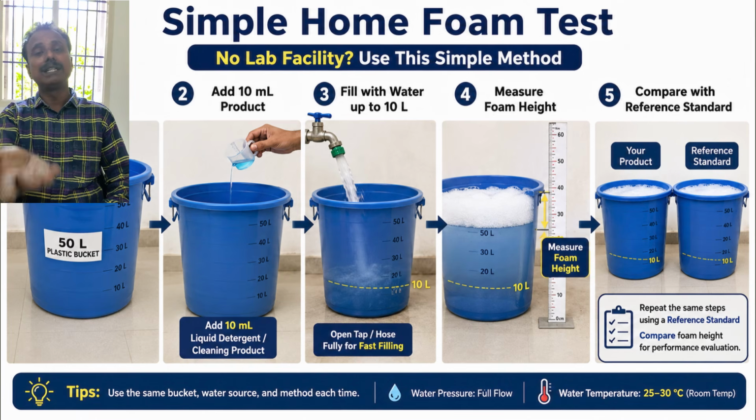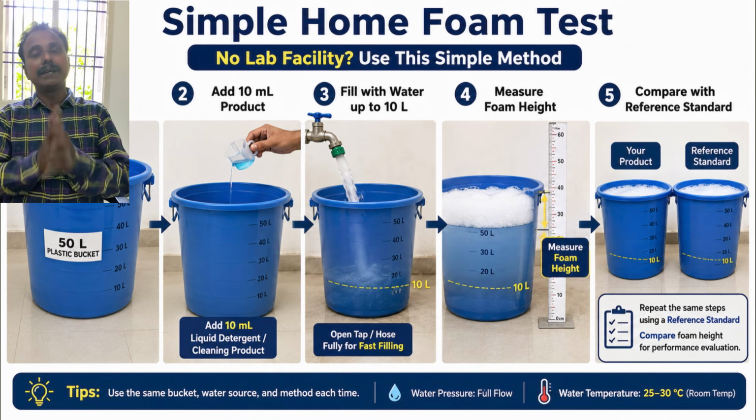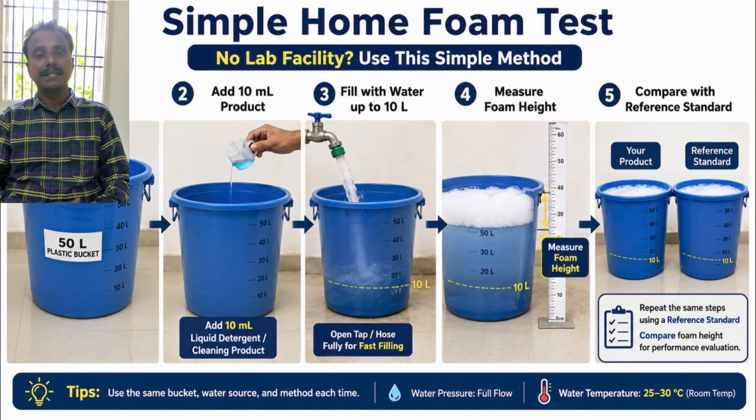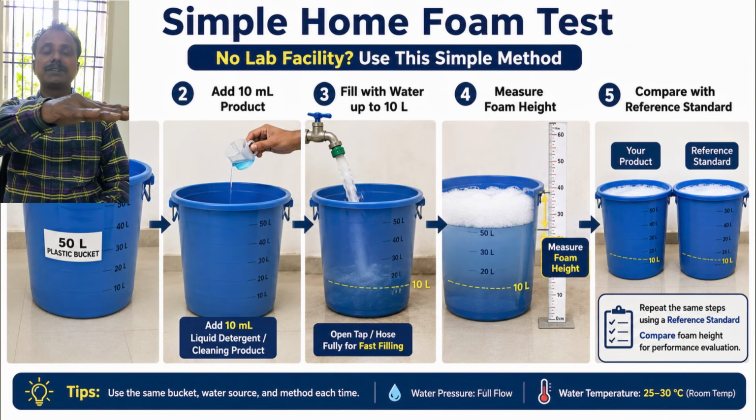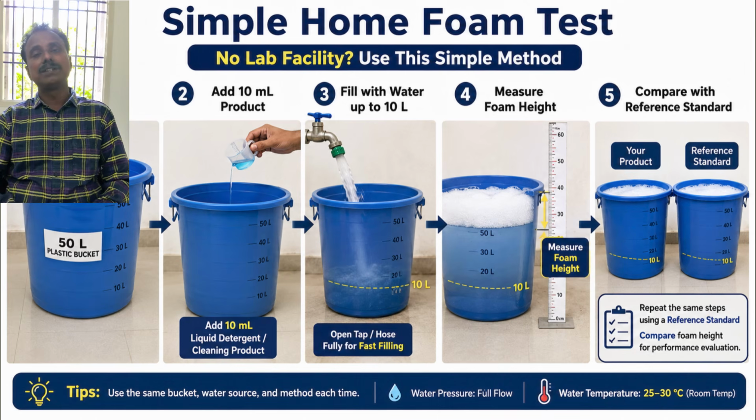So now we need to measure the amount of foam. Similarly, we need to carry out the test for our liquid detergent. Again, empty bucket, 10 ml our liquid detergent, 10 liters water, running water forcefully. Then we need to measure the foam volume. So this is a simple method anyone can perform even at home.